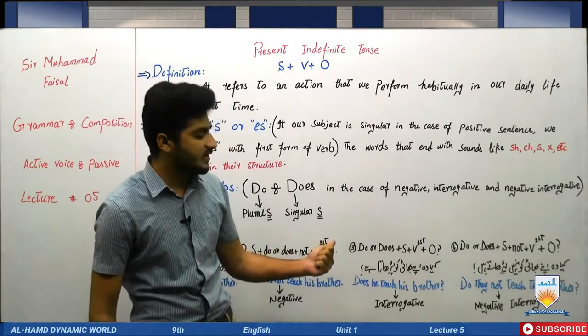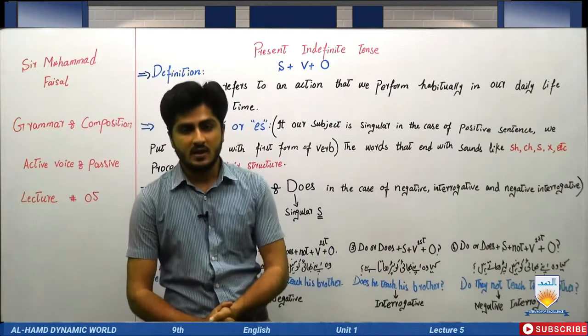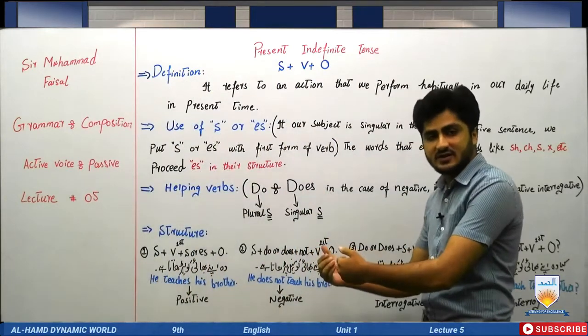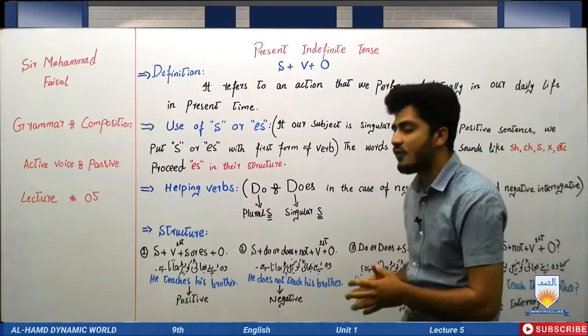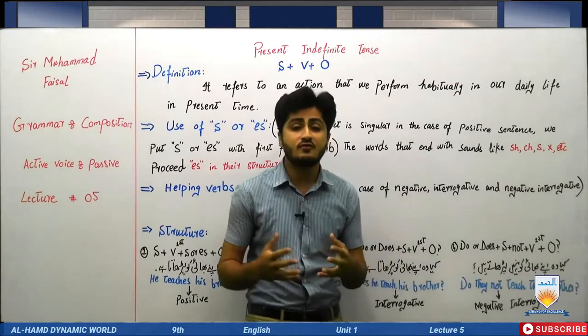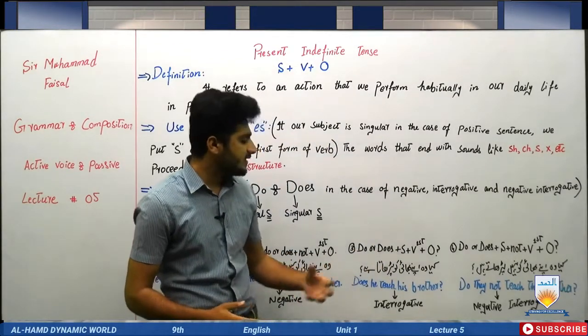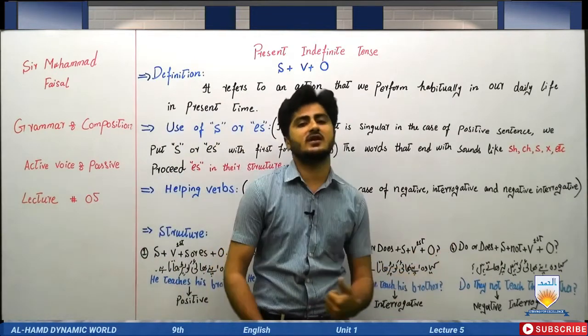Do or does plus subject plus first form of verb plus object. Here we have do and does in the beginning of sentence, then subject, then first form of verb, then object. क्या वो अपने भाई को पढ़ाता है? Does he teach his brother? So this is in fact interrogative sentence structure.